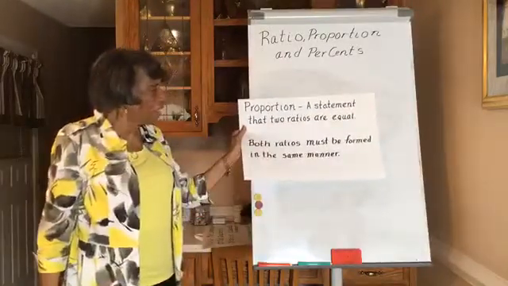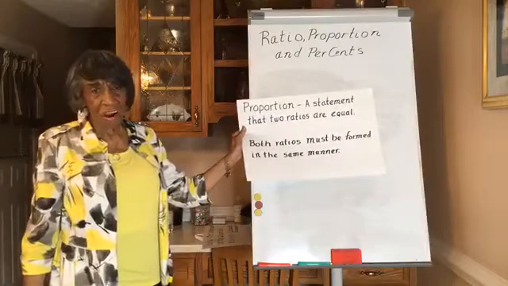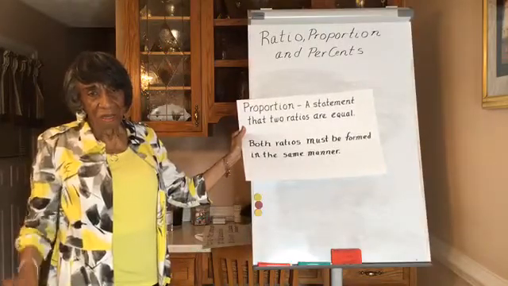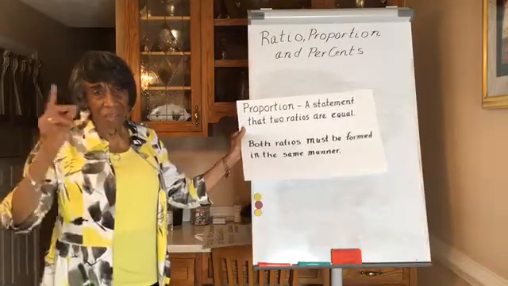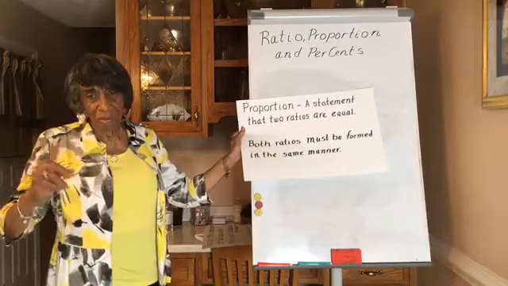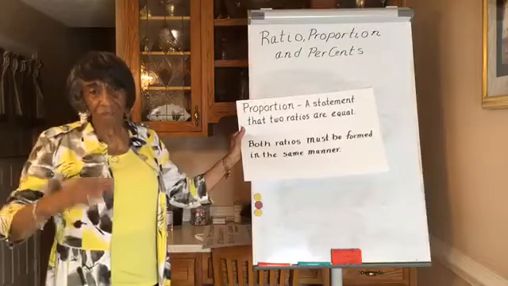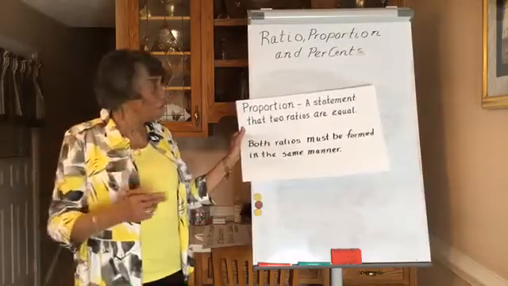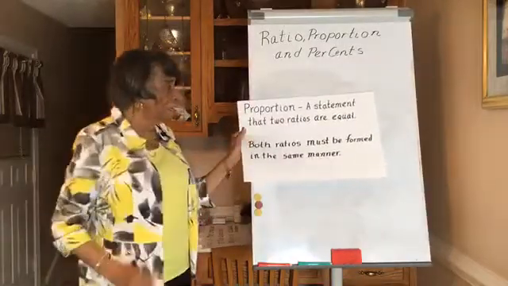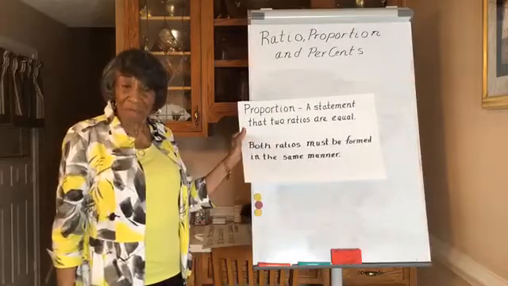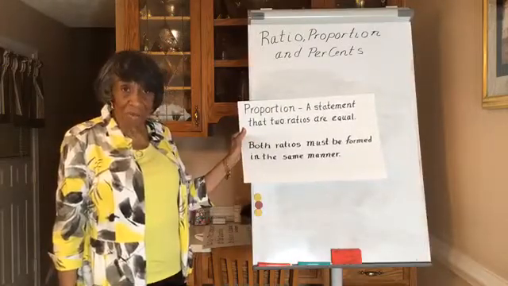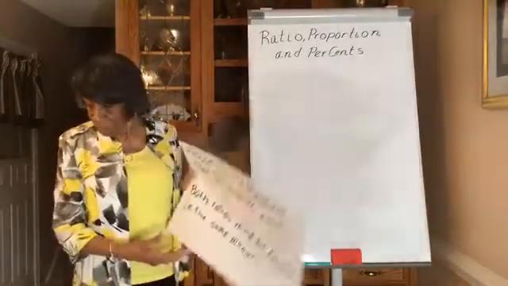A ratio is a comparison of two numbers or two quantities, the first over the second, or first divided by the second. And a proportion is a mathematical statement that two ratios are equal.